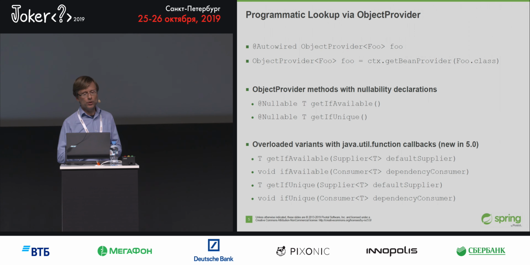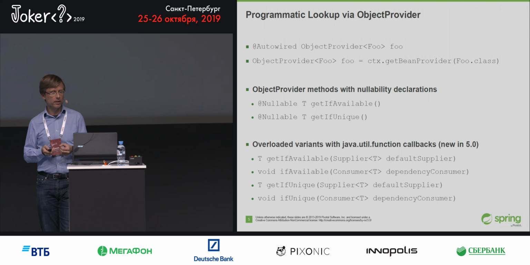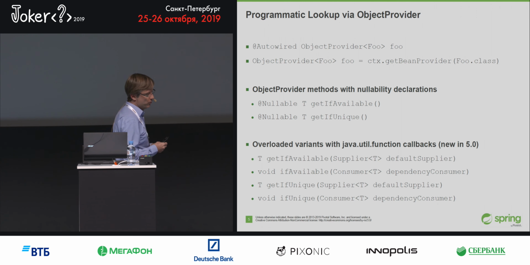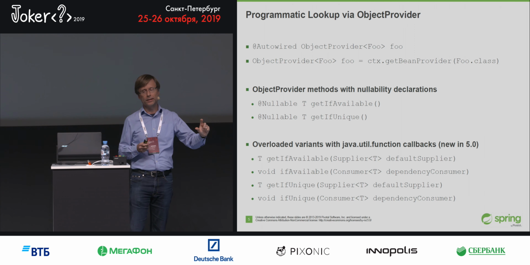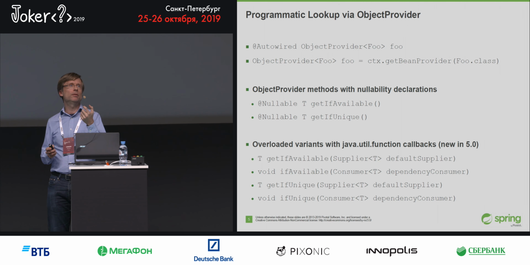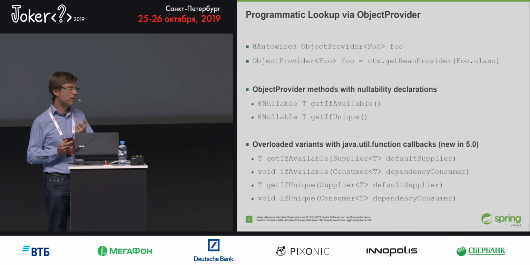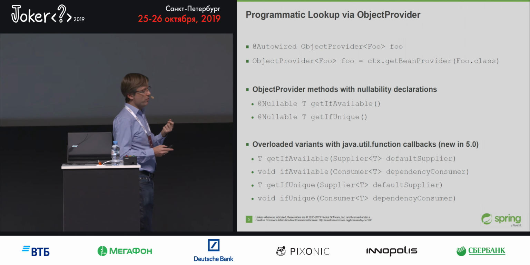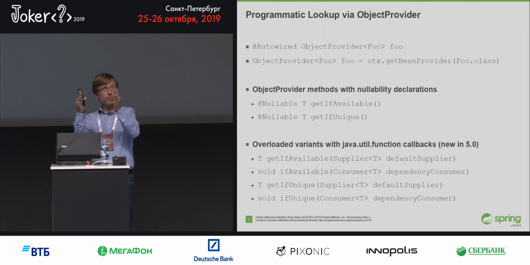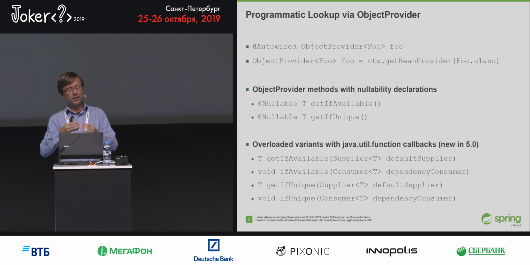Now, before we move on beyond nullability, to give you an indication, let's connect it right here with those few new methods we have on ObjectProvider. ObjectProvider is a little piece of indirection that we support at the core container level. ObjectProvider of Foo is basically an indirect reference to your type Foo, to the dependency that you're declaring.